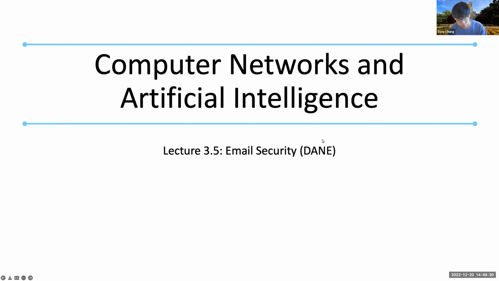Last class, I briefly introduced numerous security internet protocols in the email ecosystem, and the focus was more on the sender's perspective, right? Just for your recap, there are numerous problems in email. For example, if you receive an email, you may want to check if the sender is a legitimate entity.